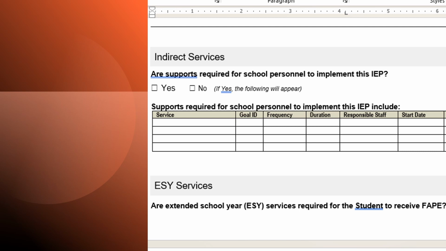They're not required to receive FAPE, but they are an extension of the school year, which is free to the students and just helps enrich or help them where a gap may occur over the summer. In addition, students who are intellectually disabled or medically disabled and are on an IEP are encouraged to use ESY services.